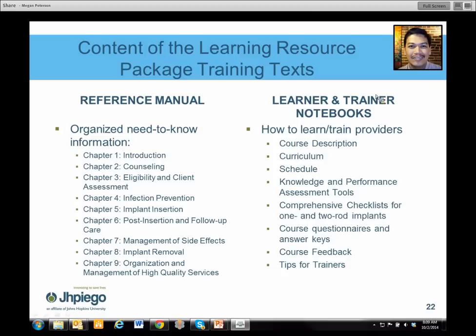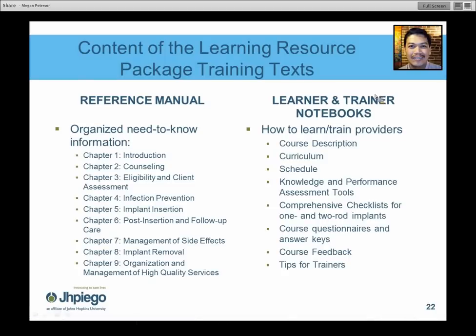Plans become available, we can always add it later on. Then we have also course evaluation tools, just to make sure that these courses are meeting the needs of providers. And then, of course, for the trainer notebooks, we have tips for trainers on how to make sure that their training and the training approaches match competency-based training principles.